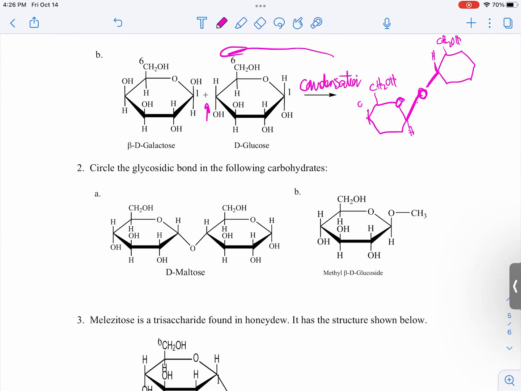Okay, OH, OH, H, right, HOH, and likewise. All right, and it's just as easy as that.